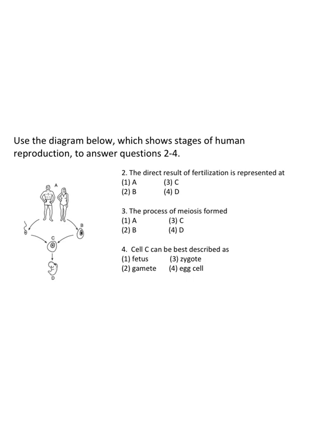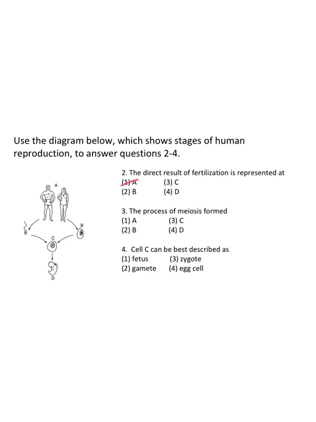Use the diagram below, which shows the stages of human reproduction, to answer questions 2 to 4. All right, so let's give a little chat about this stuff. The direct result of fertilization is represented at, well, A is full-grown adults.